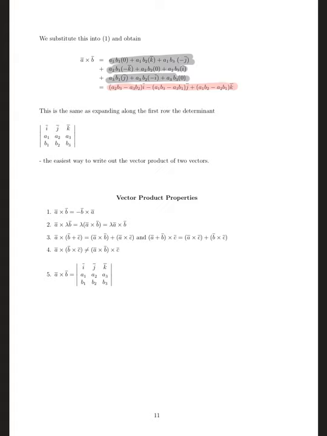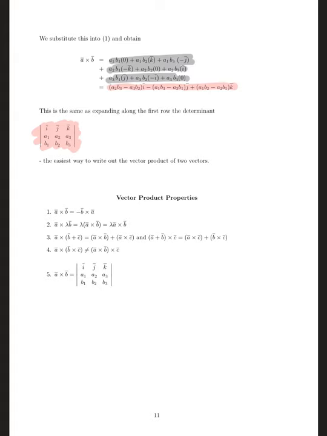But the easiest way to remember it is that if you look at it, you'll find that it's actually the same as this determinant. So if you write down i, j, k in the first row, a1, a2, a3 in the second row, b1, b2, b3 in the third row, and calculate that determinant, you'll actually get that expression for the cross product above.